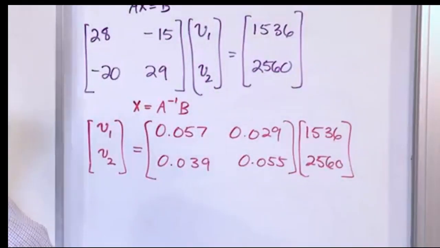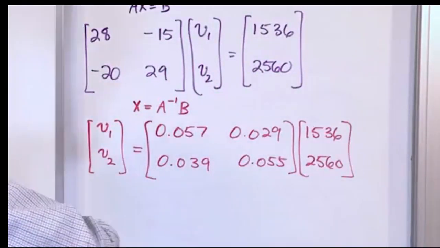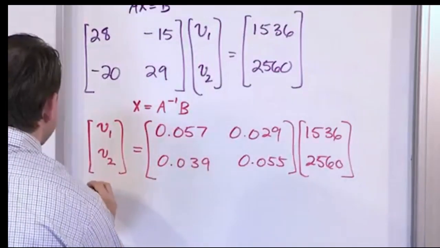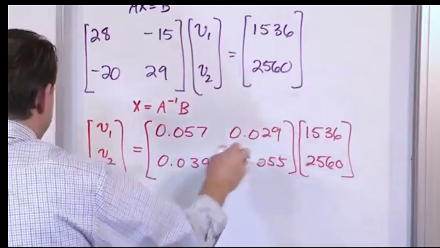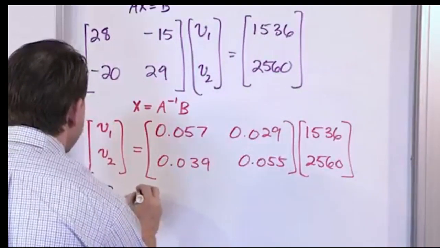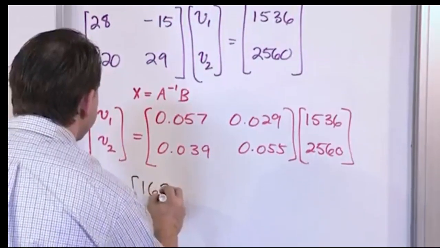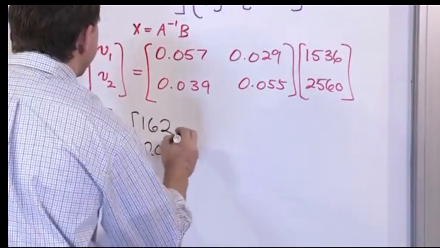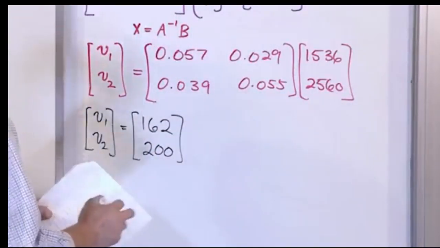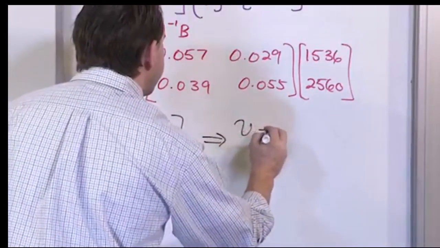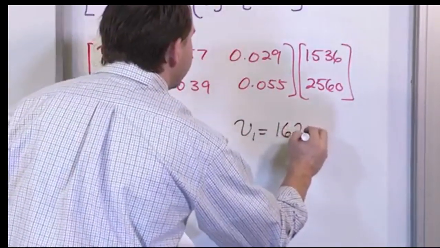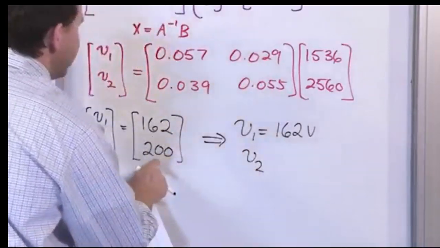Okay, and now you just finally do the final multiplication of this matrix times this one. When you multiply these, what you're going to get is something really nice, 162 and 200. And that's a nice round number, so it always makes you think maybe you've done something right. So when you read it like a book, V1 is equal to 162 volts, V2 is equal to 200 volts.